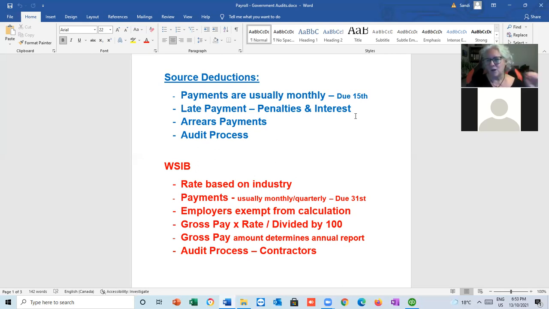Unless the contractors show up and say, I have my own WSIB, which they should, if you don't want to put them in the calculation, then an audit is simply about who you are paying as a subcontractor. And they believe, Revenue Canada states in their rules, that all subcontractors that are not employees are part of your WSIB calculation, unless they can provide their own account, which they pay into. Then they're not part of this.